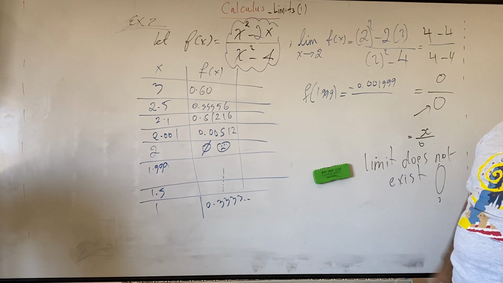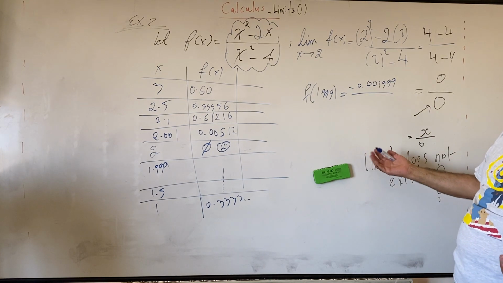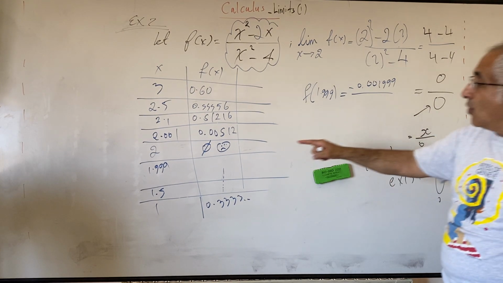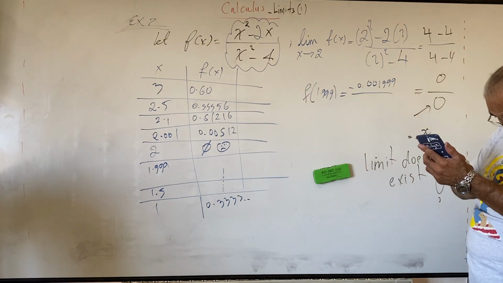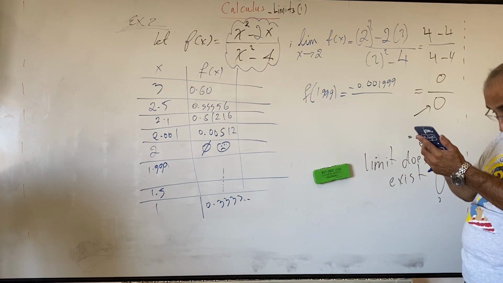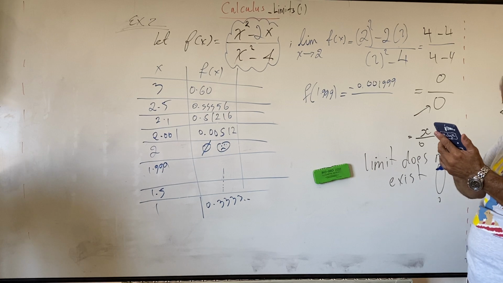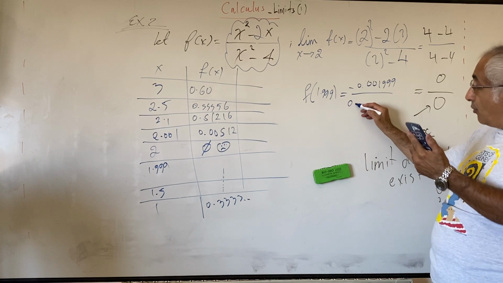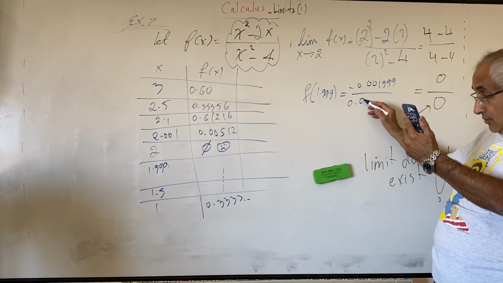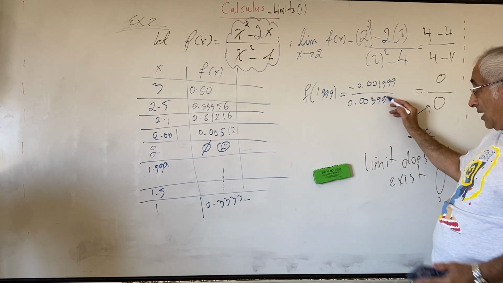How about when I go to the denominator? Well, let's try it out. I'm going to substitute 1.999 squared minus 4, and I'm going to get 0.003999.